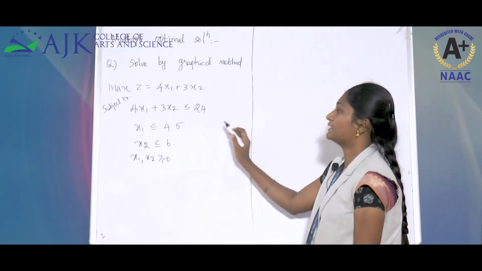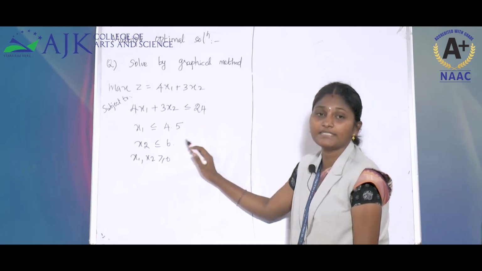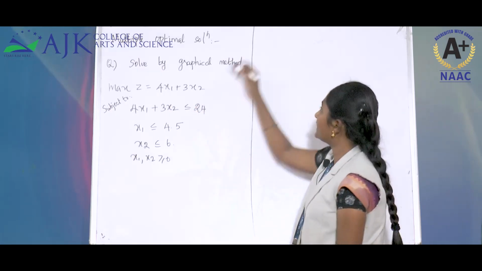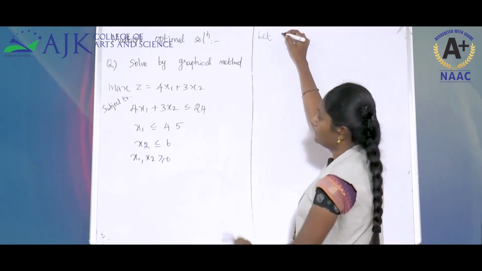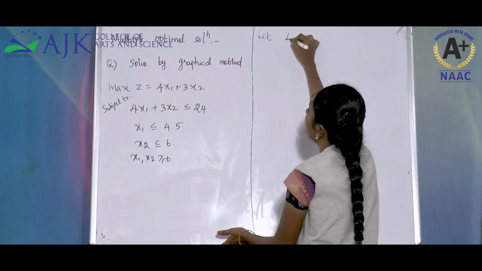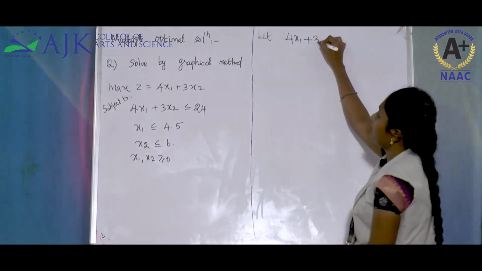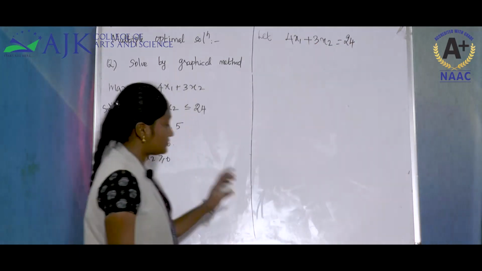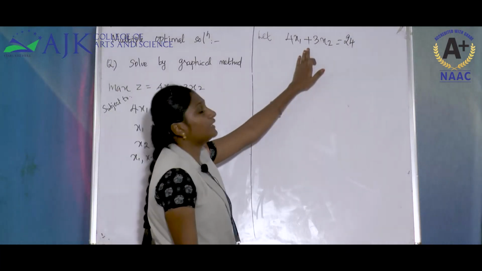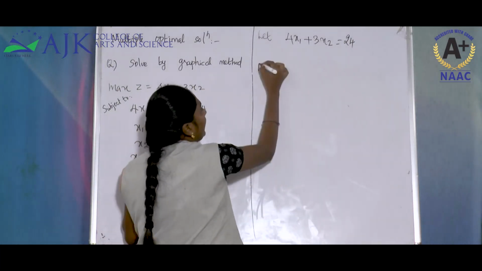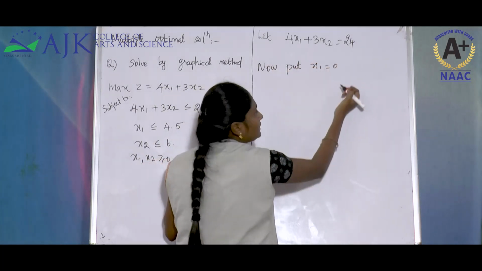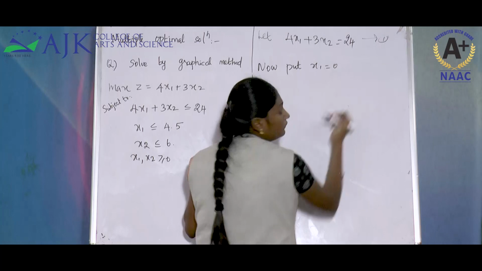First, let us consider these inequalities into equations. This is our first inequality; let us consider it into an equation. Let 4x1 plus 3x2 is equal to 24. Now put x1 equal to 0 in equation number 1.